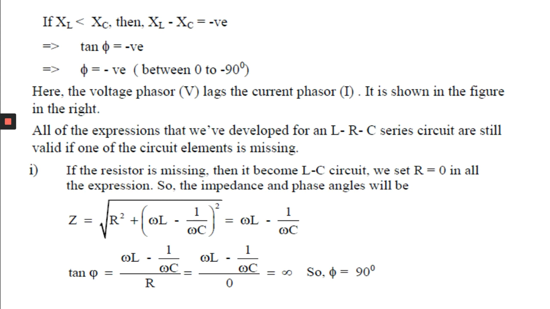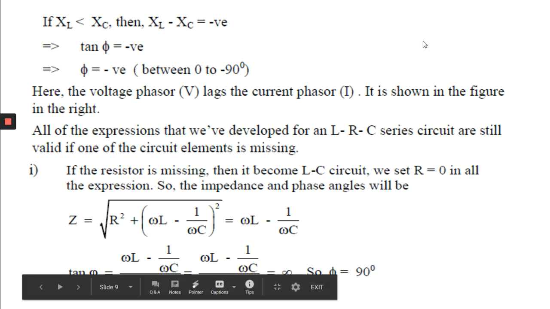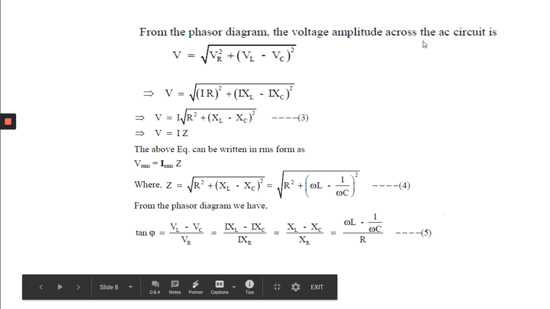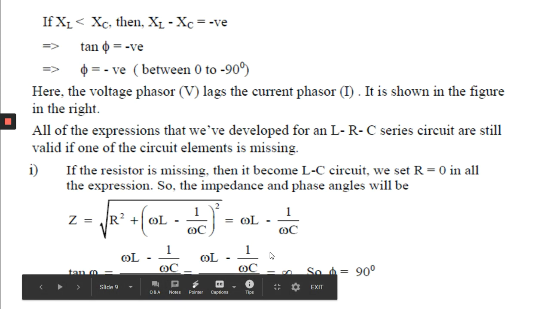Now, as in the phasor diagram, I have shown you that when XL is more than XC, tan phi is positive. And obviously, when XL is more than XC, this value is positive. R is always positive. So your phi is positive. But when XL is less than XC, this value is negative, so phi is negative. Clear?